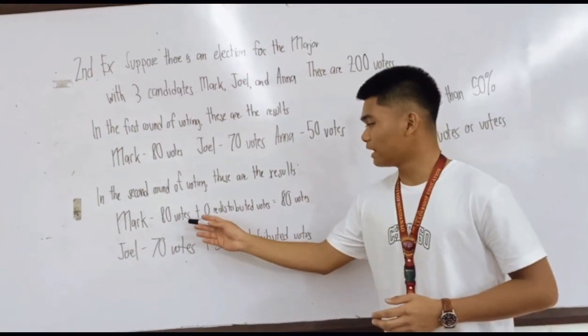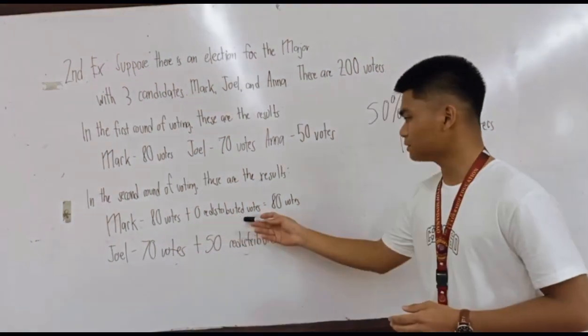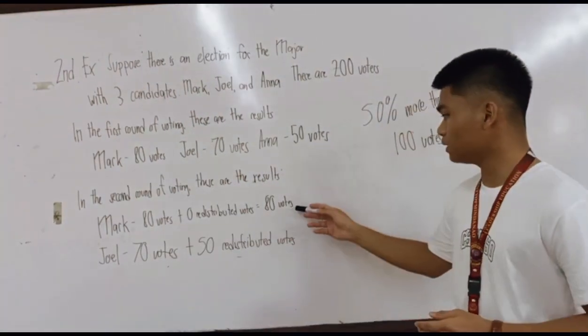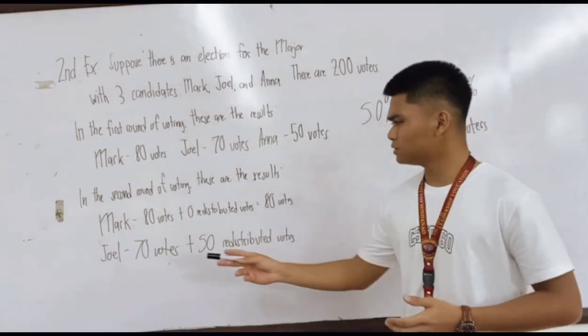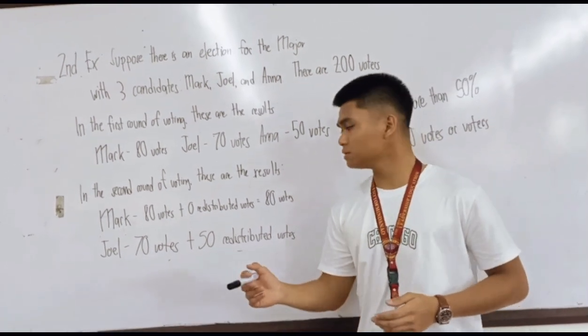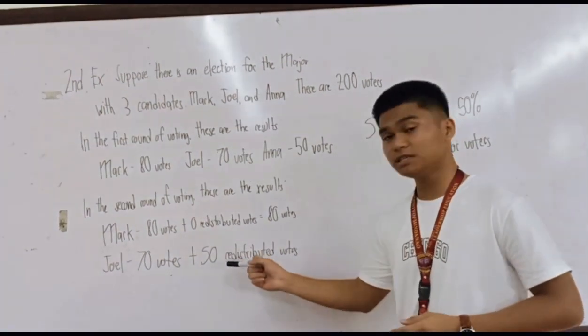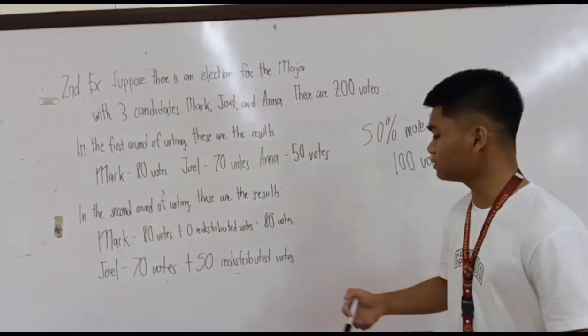Mark got 50 votes plus 0 redistributed votes, equals 50 votes. Joel got 70 votes with the addition of 50 redistributed votes.